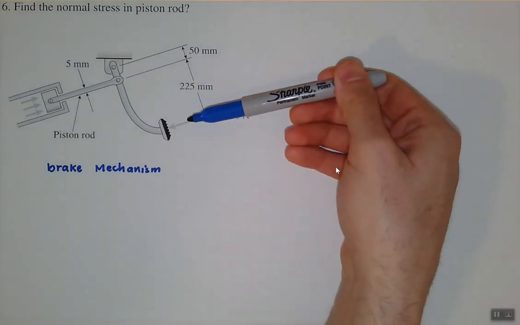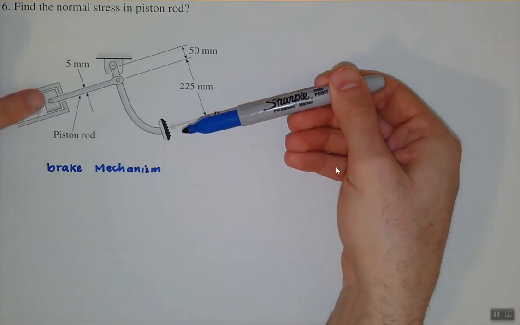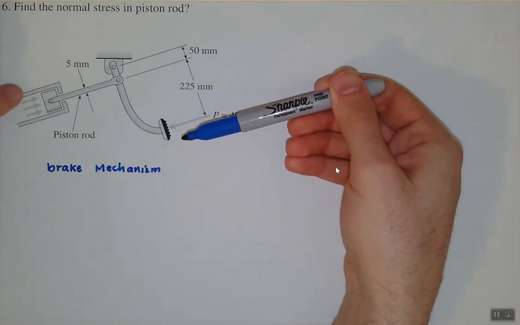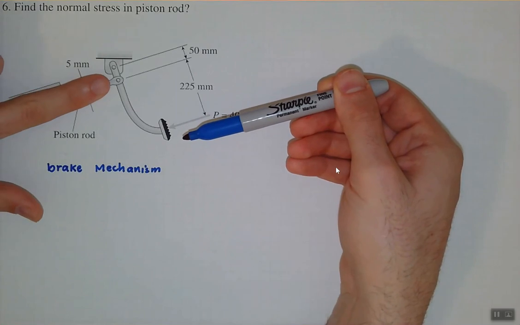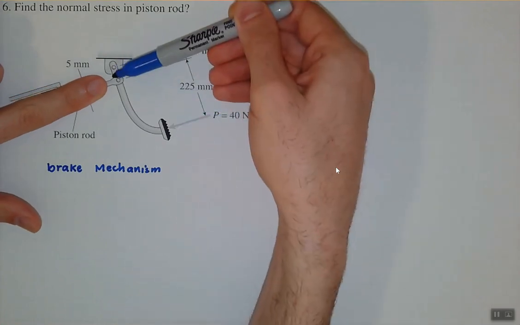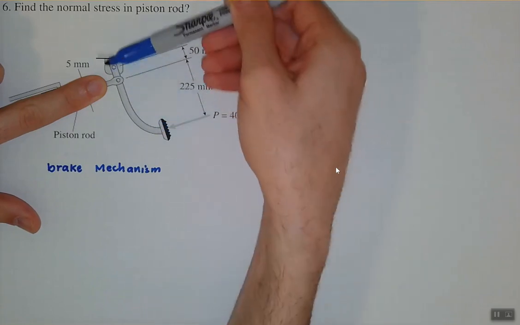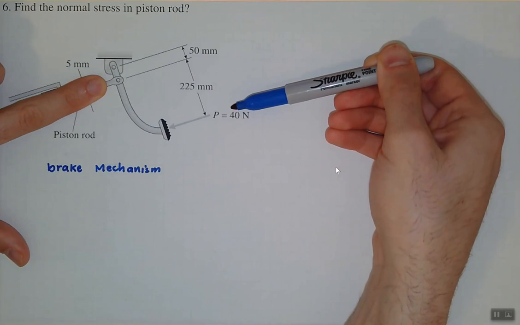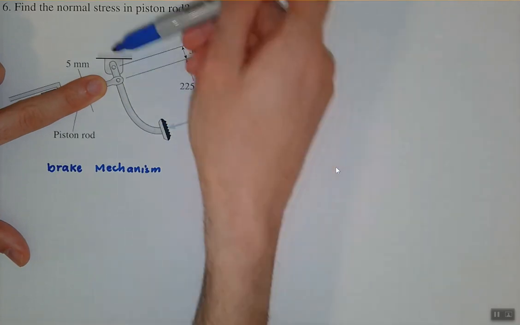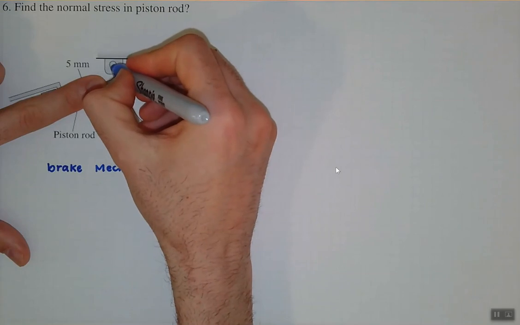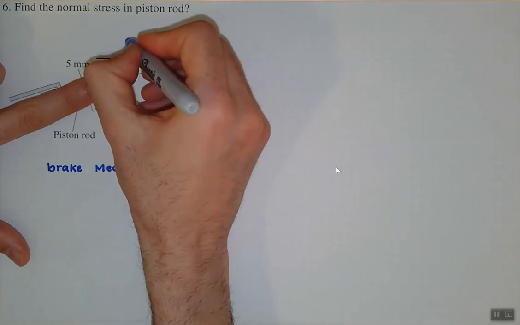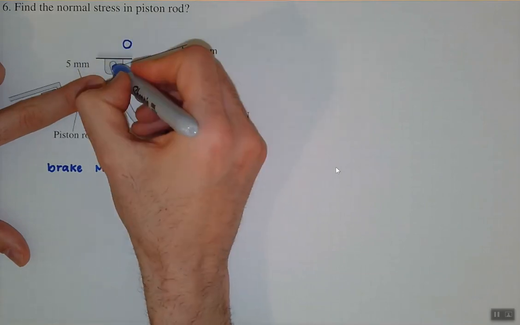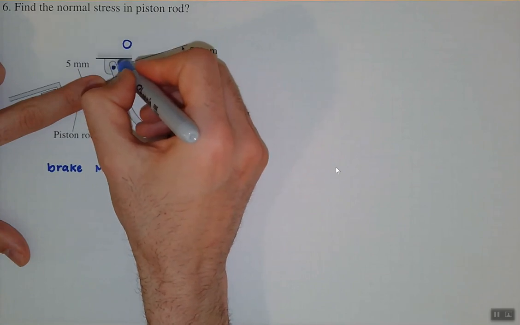So let's say I don't have this portion, the piston and the rod and everything. I have an arm like this one over here, to which I'm applying a load P, 40 Newton, and the whole arm is hinged at a point, let's call this point O. It's being joined over there.